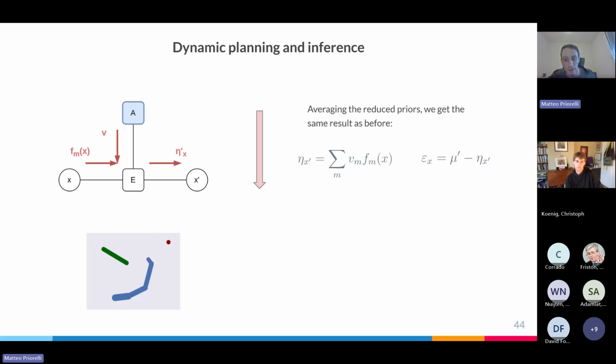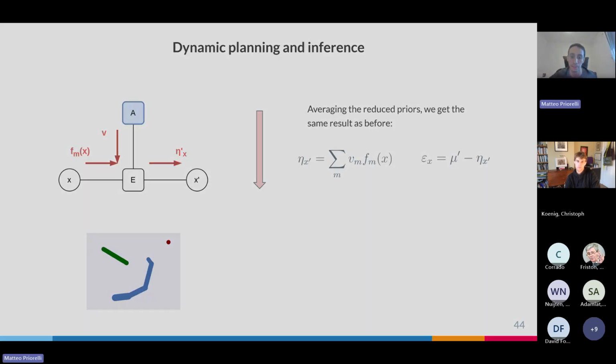So if we compute the top-down signals through Bayesian model average, we precisely get the same result as before. We see that these dynamics functions, which represent the different agent's hypotheses, are weighted by the discrete probabilities, which are now encoded in the hidden causes.